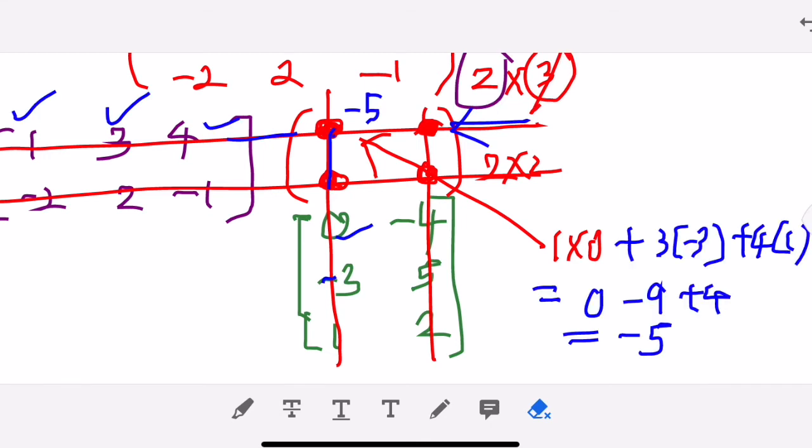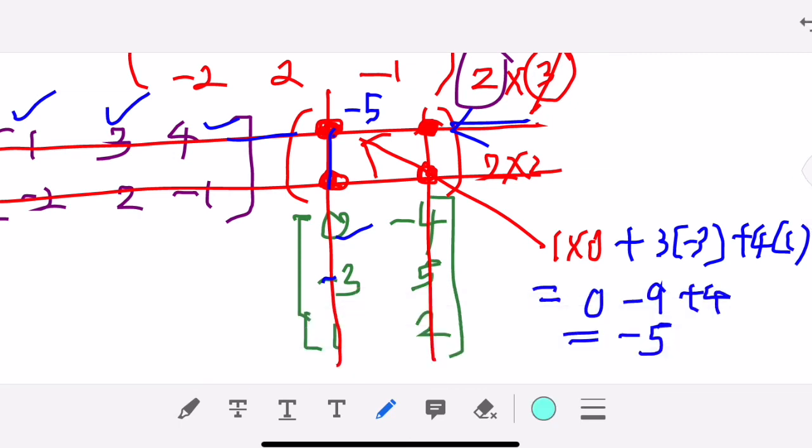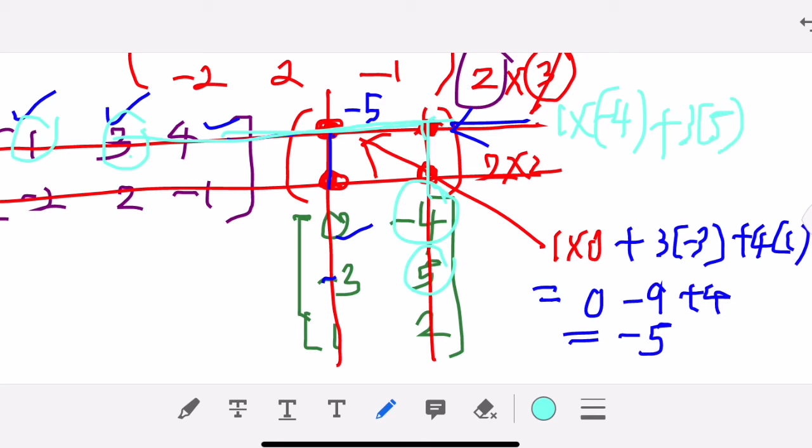So how to get that answer is we have to focus. Let's use another color. I'm going to show you how I got the answer for 1. You follow the line. You have to go down here, -4. So it's 1 times -4, put bracket, plus the 3, here, go down, 5. 3 times 5, and then plus a 4, go down to follow the line, 4 times 2.